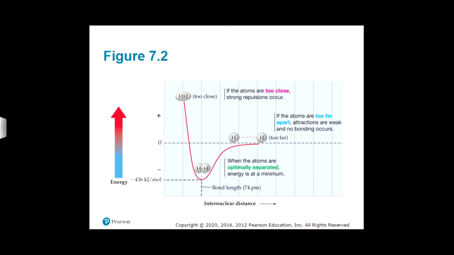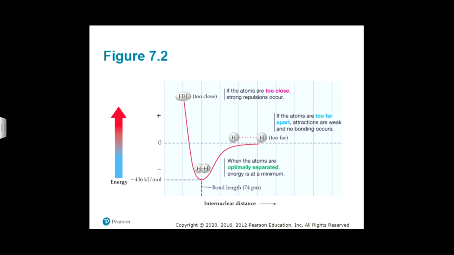And on the y-axis, we have the potential energy associated with that. So what determines the distance between the 2 hydrogen atoms in this bond is going to be whatever distance between them that minimizes the potential energy, because physical systems will try to minimize their potential energy whenever possible.